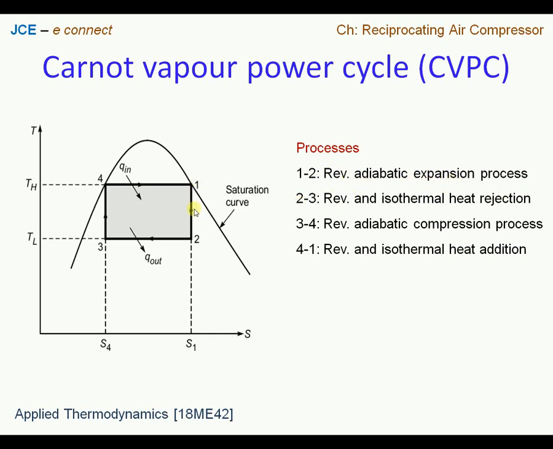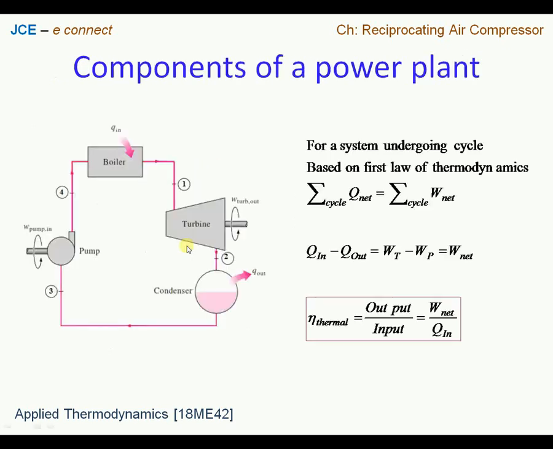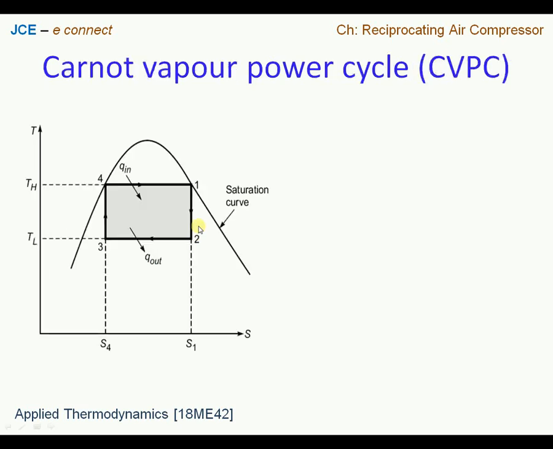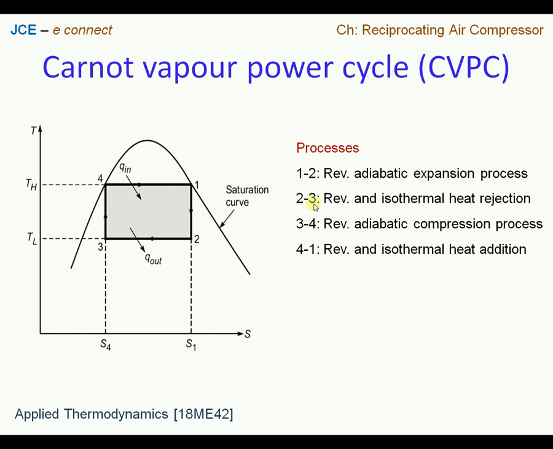If we go back to the previous slide, process 1 to 2 represents a turbine work where there is an expansion process taking place. So process 1 to 2 represents a reversible adiabatic expansion process where work is extracted from the cycle, and process 2 to 3 represents reversible and isothermal heat rejection.